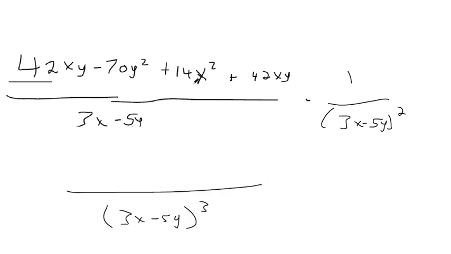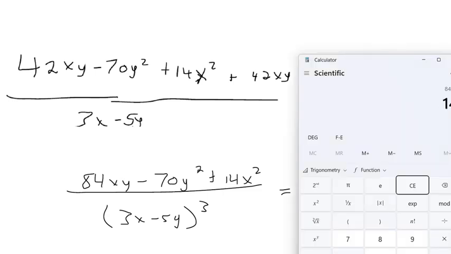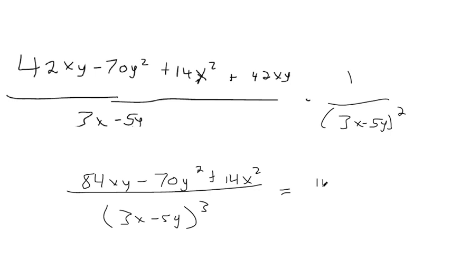And up top, we can combine these to make 84xy minus 70y squared plus 14x squared. So you could factor out from the numerator, they're all divisible by 14. Yeah, I think so. Yeah, you can take out a 14, and that's it. So that's 6xy minus 5y squared plus x squared in the numerator, and then same thing in the denominator.